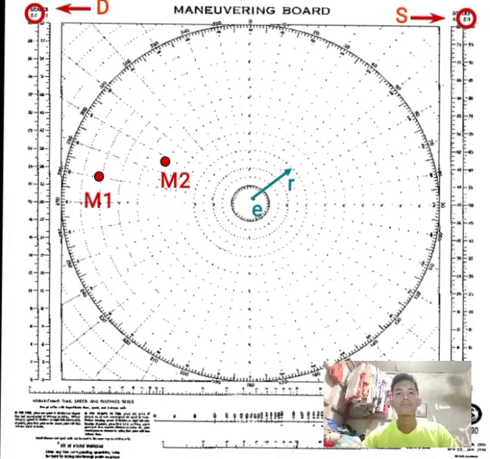So to plot the M1, which we have the 300 true course, we have to determine which is the 10,000 yards, where every circle is equivalent to 1,000 yards. So we have to count every circle to reach the 10,000 yards.